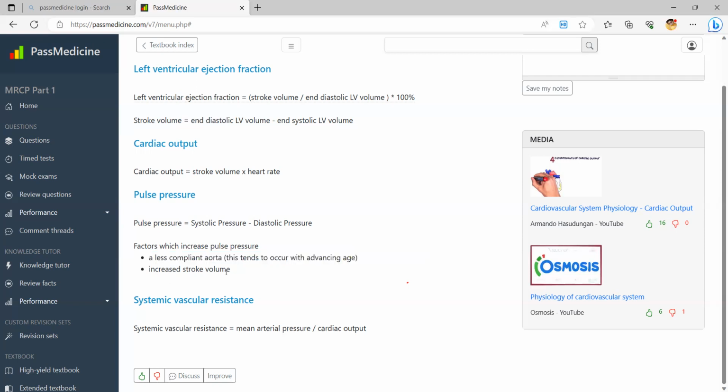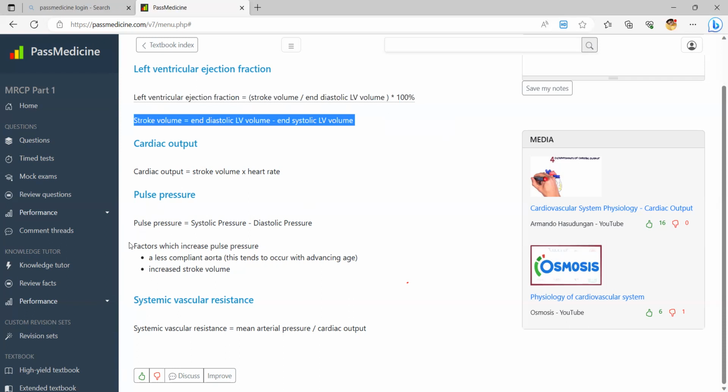Another one, increased stroke volume. And systemic vascular resistance: how you measure it, mean arterial pressure divided by cardiac output. So from this topic, you need to know how to calculate left ventricular ejection fraction and stroke volume.